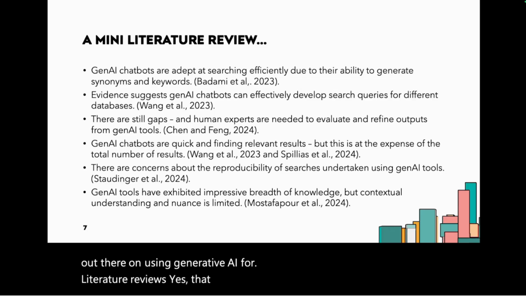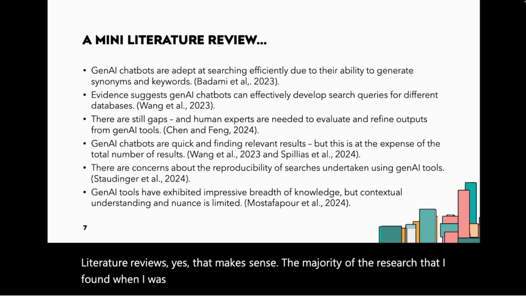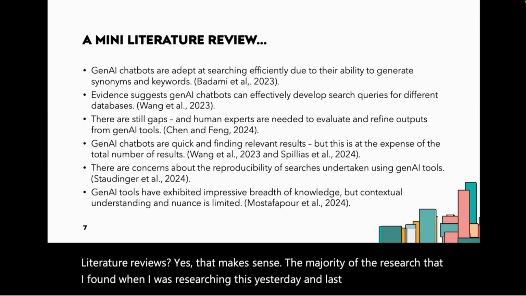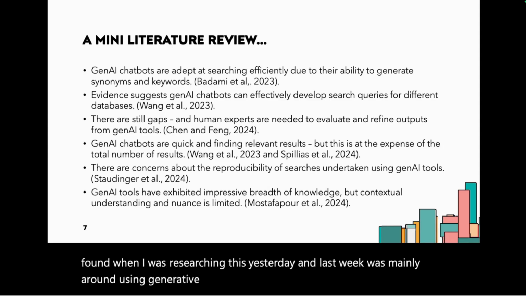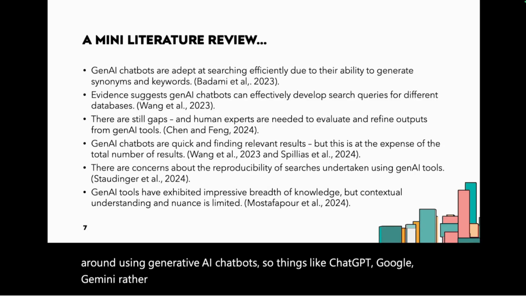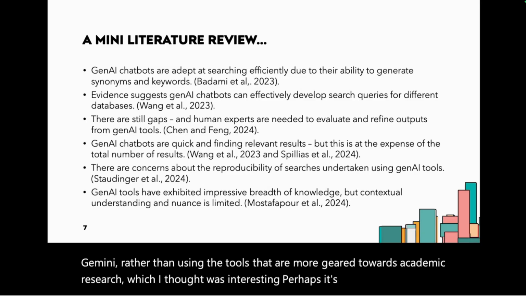The majority of the research that I found when I was researching this yesterday and last week was mainly around using generative AI chatbots. So things like ChatGPT, Google Gemini, rather than using the tools that are more geared towards academic research, which I thought was interesting. Perhaps there's a little gap in the research there.